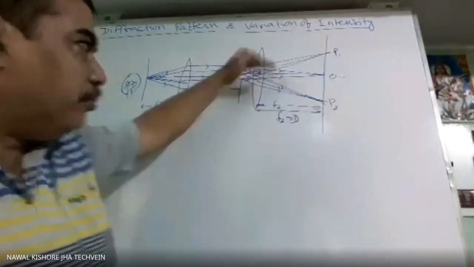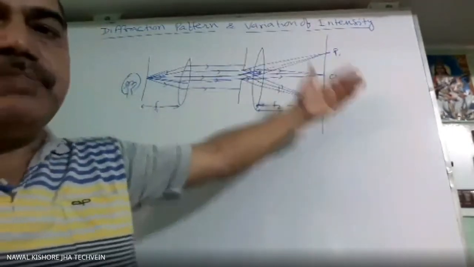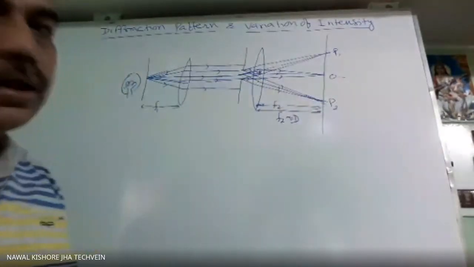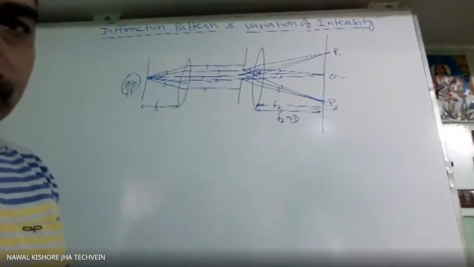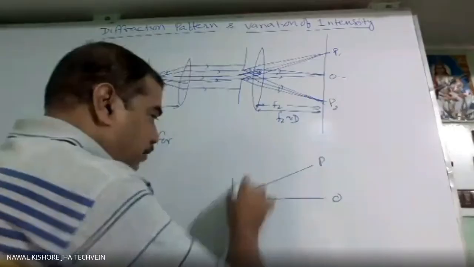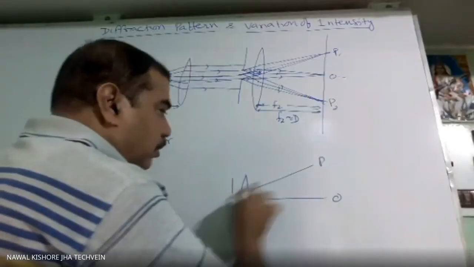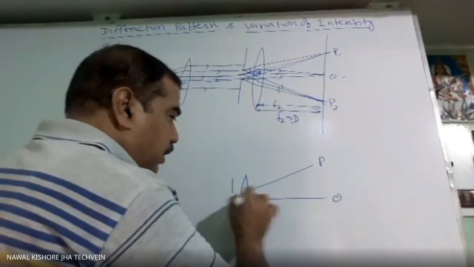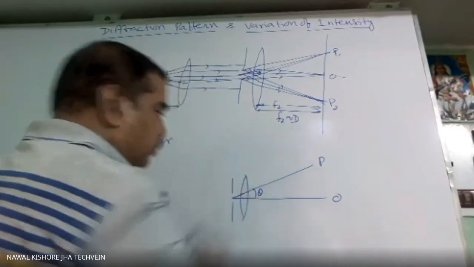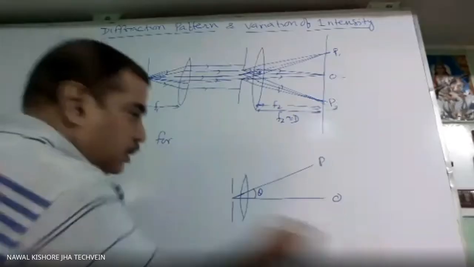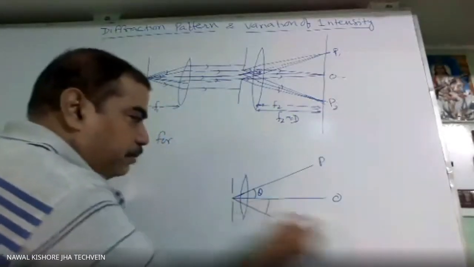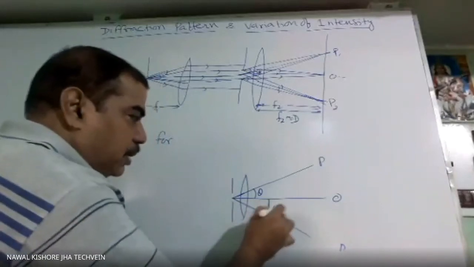Similarly here also, at P2 we may get dark or bright depending on that angle theta. We have placed the lens here, so the ray which is going far and deviated like this will be theta. Similarly, this side also, maybe like this. This is P2, suppose. This may be theta dash.